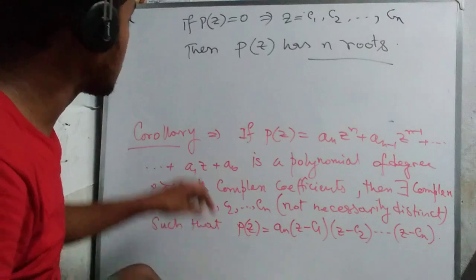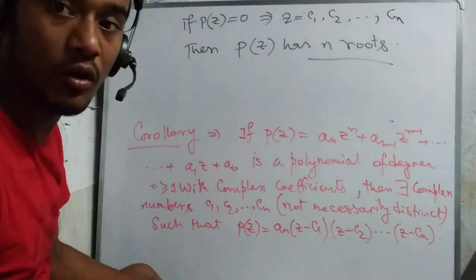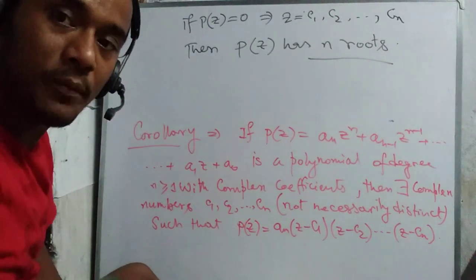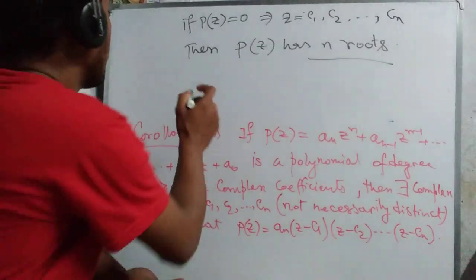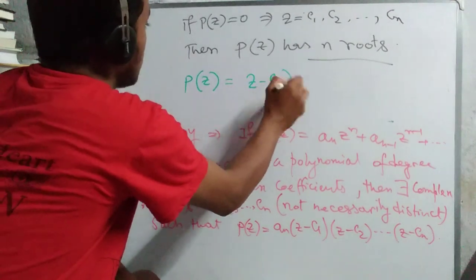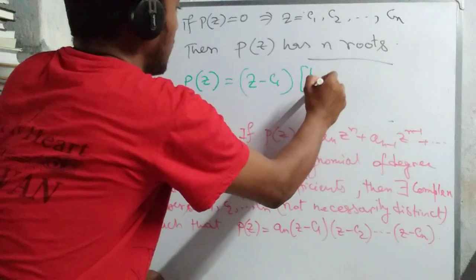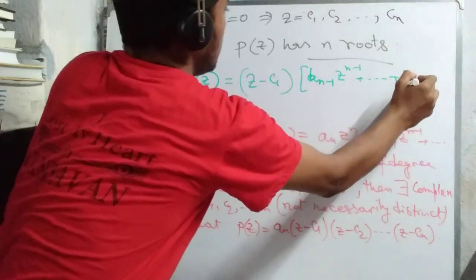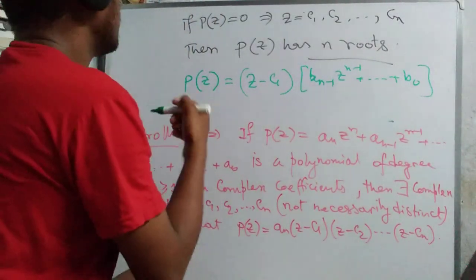If an nth degree polynomial with complex coefficients has one root, then obviously we use this theorem and write p(z) equals (z minus c1) multiplied by a polynomial b_{n-1} z^{n-1} and so on up to b_0.